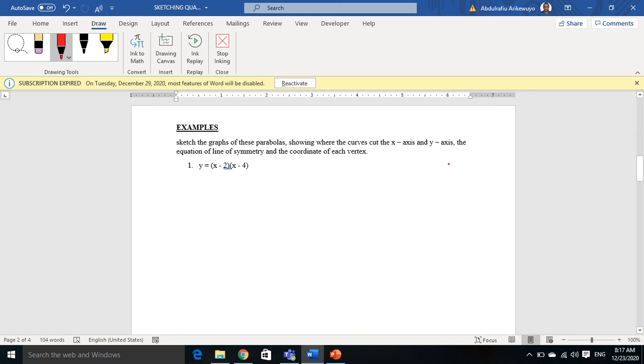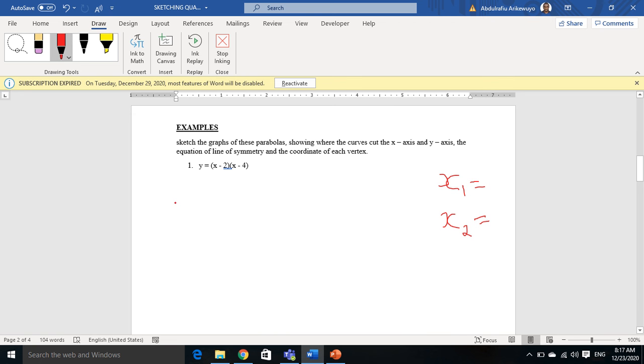What that means is that you can use either factorization or completing the square, or use of formula to find x1 and x2. Are you following?